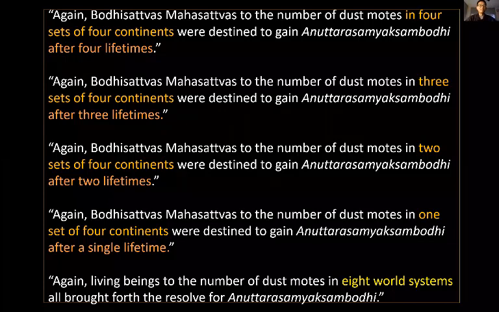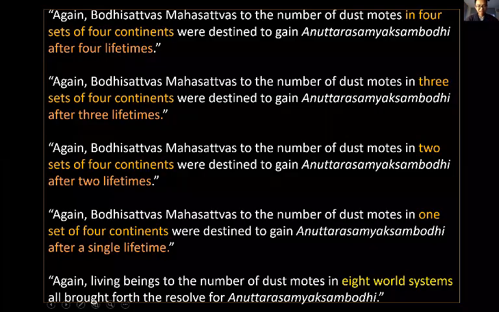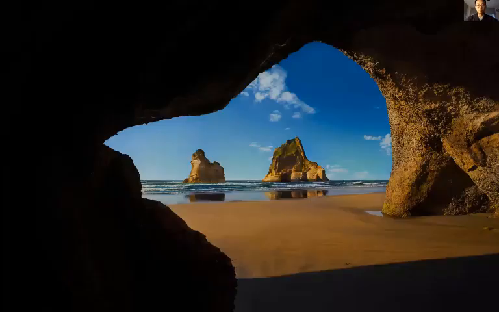And so there's this 4 world group destined to gain Anuttara Samyak Sambodhi after 4 lifetimes, then 3 worlds in 3 lifetimes, two worlds in 2 lifetimes, 1 world in 1 single lifetime, and then again it goes back to 8 worlds that have brought forth the resolve for Anuttara Samyak Sambodhi.